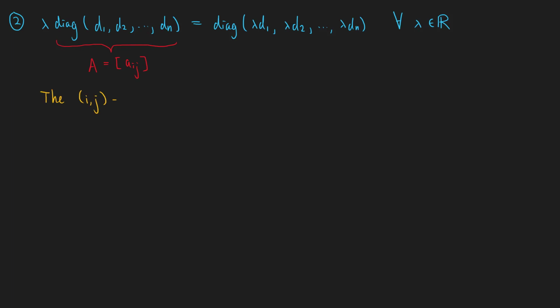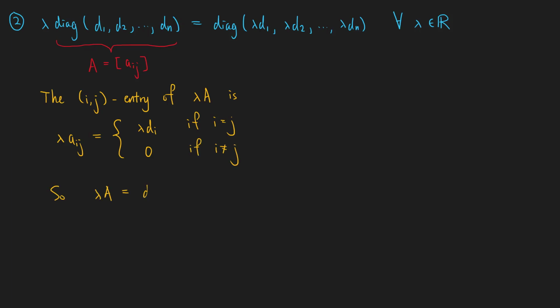Then the ij entry of lambda times A is lambda times a_ij, which equals lambda times d_i if i equals j and 0 otherwise. So lambda times A is the diagonal matrix with main diagonal entries lambda times d1, lambda times d2, up to lambda times dn.